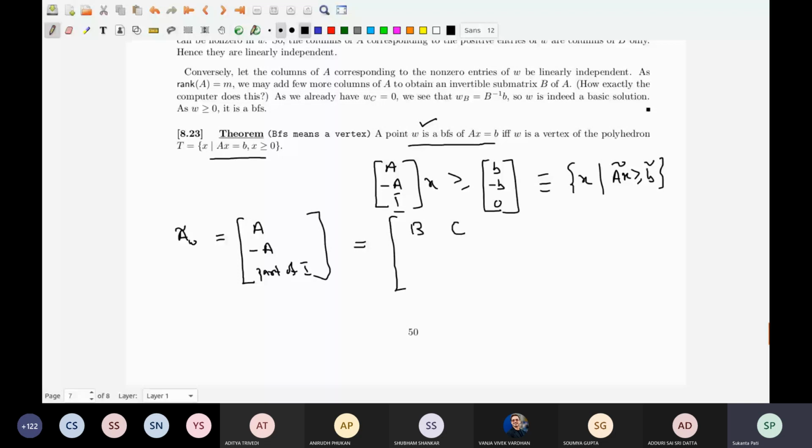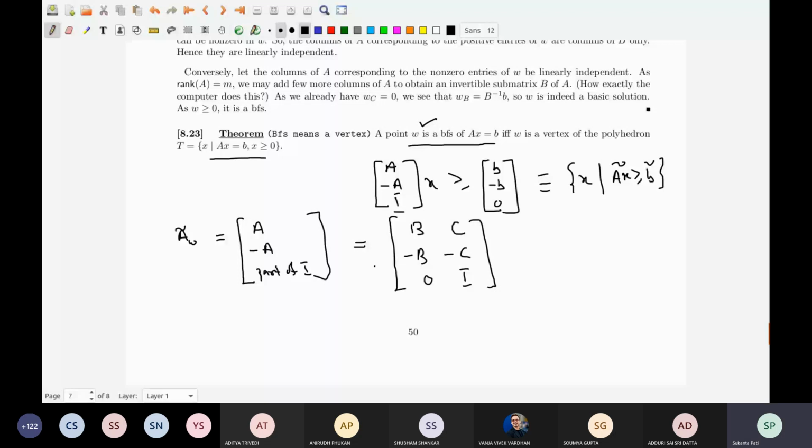And what happens? Because it is a basic feasible solution, which entries are definitely 0? Now W_C are definitely 0. So what will be satisfied? Now this will be satisfied. This is definitely A tilde W, at least it contains this much.